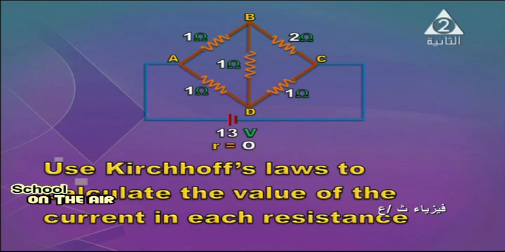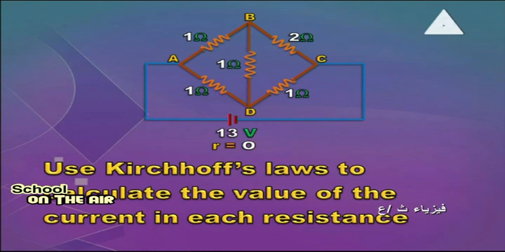The battery, and this is very important to bear in mind: the EMF of the battery is 13 volts and it is of negligible internal resistance, so the internal resistance equals 0. Use Kirchhoff's laws to calculate the value of the current in each resistance.